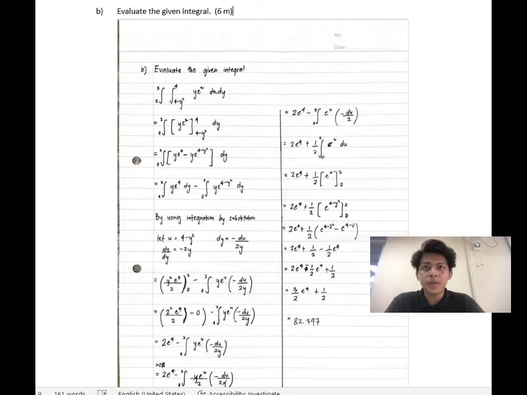The answer for integrating dx is the integral from 0 to 2 of e to the 4 dy minus the integral from 0 to 2 of e to the power of 4 minus y squared dy. Next, by using integration by substitution, we let u equal to 4 minus y squared, and du over dy equals negative 2y, and dy equals negative du over 2y.